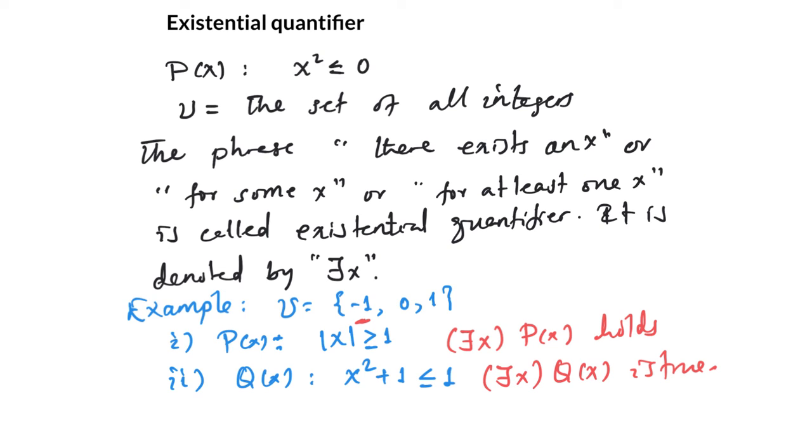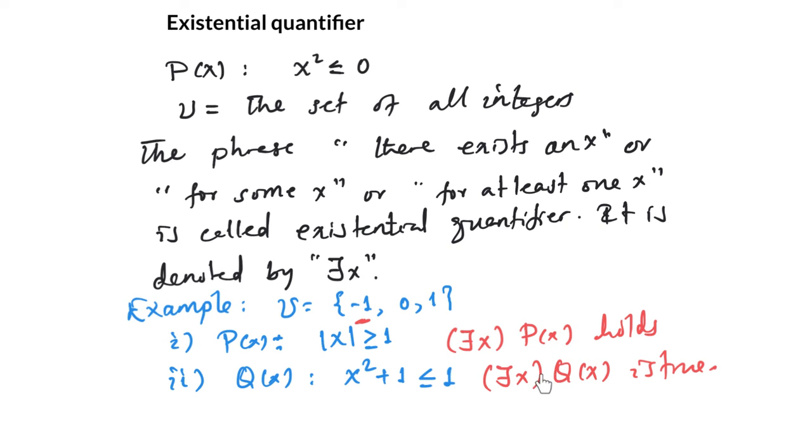The existential quantifier indicates the existence of at least one element in the universal set where the open proposition is true. So to say that an open proposition augmented with an existential quantifier is true, we need at least one element for which it is true.